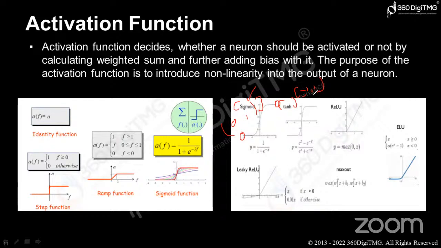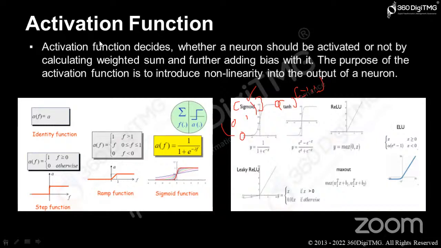And it's non-linear, but unlike sigmoid, its output is zero-centered. So that is the difference. Therefore, in practice, the tanh non-linearity is always preferred to the sigmoid non-linearity. So these are the different activation functions we have.